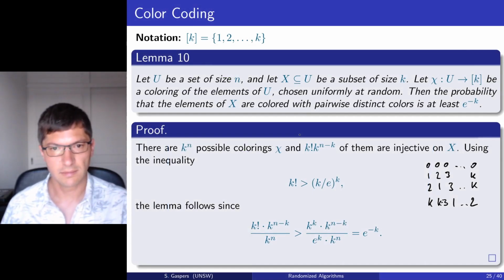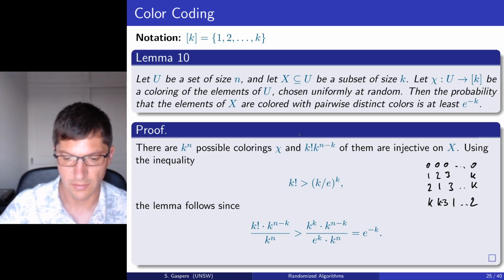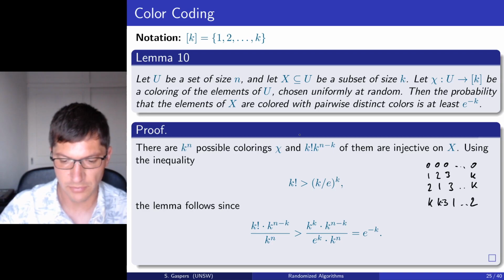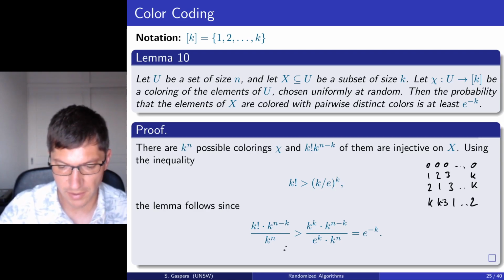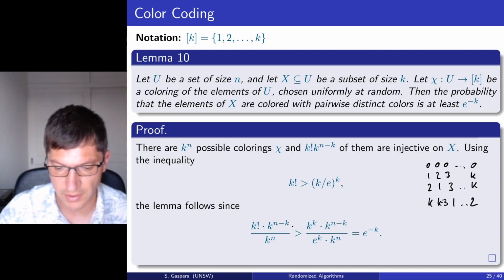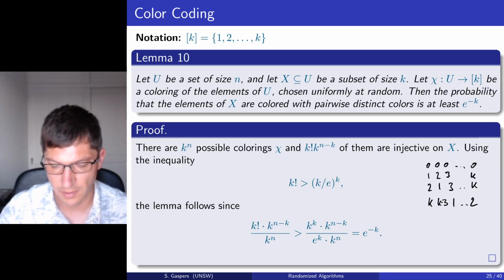Okay, and now we can already conclude because, if we look at the number of colorings that have the property that we want, and we divide it by the total number of colorings, then we have k to the power n minus k divided by k to the power n, so this stays, and k factorial is more than k divided by e to the power k, so you get this here.